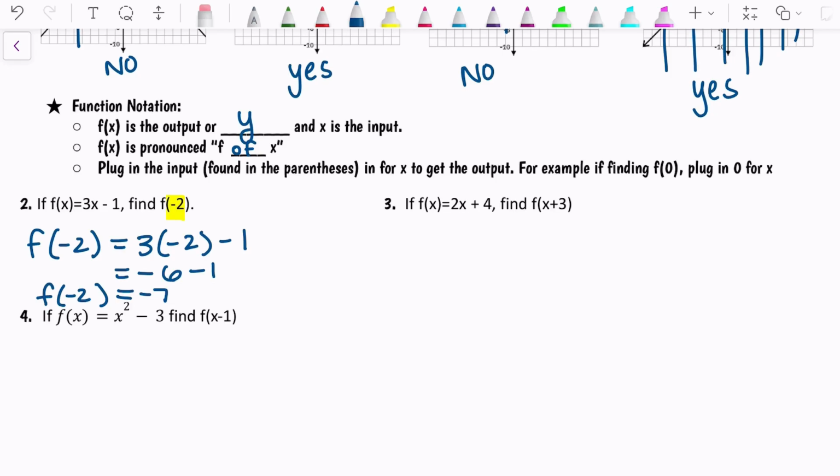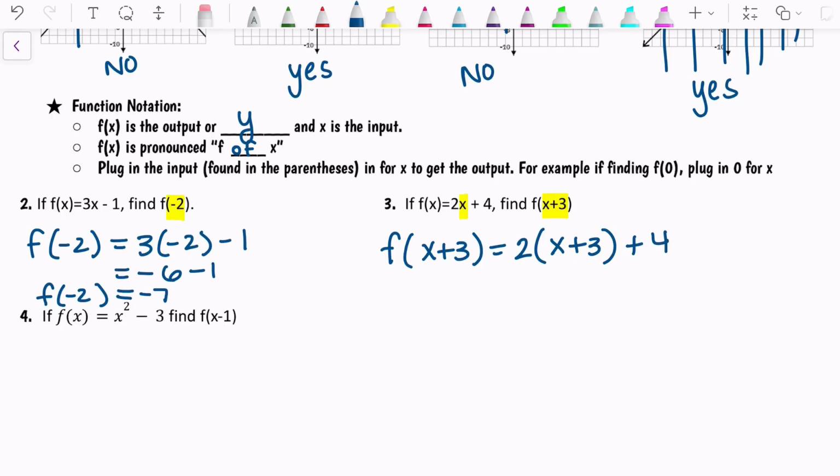So we make this more challenging when we have an expression in the parentheses. So I'm going to plug in x plus 3 for x, and so now I have f of x plus 3, meaning I'm plugging in x plus 3 for x, 2 times x plus 3 plus 4.